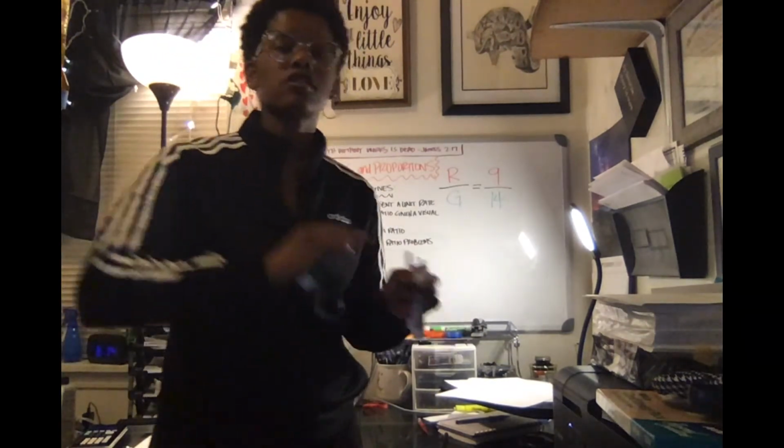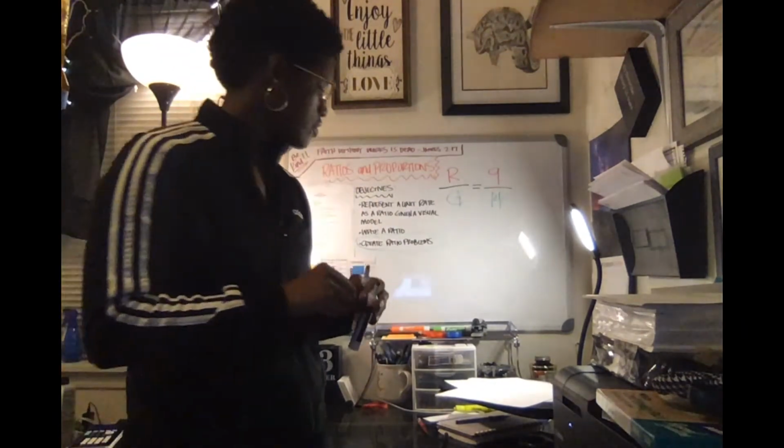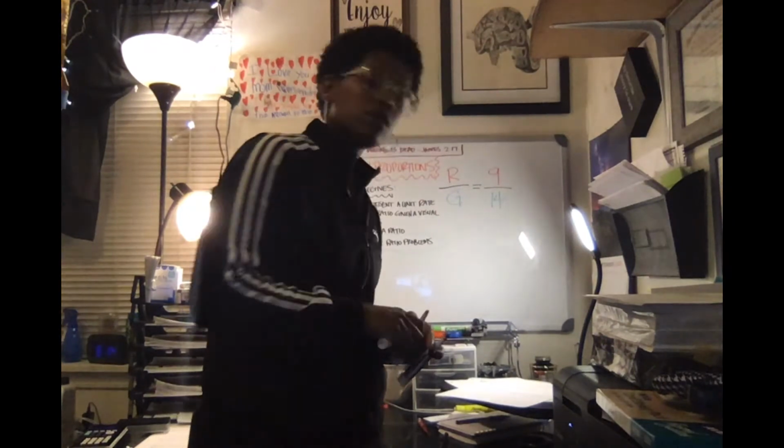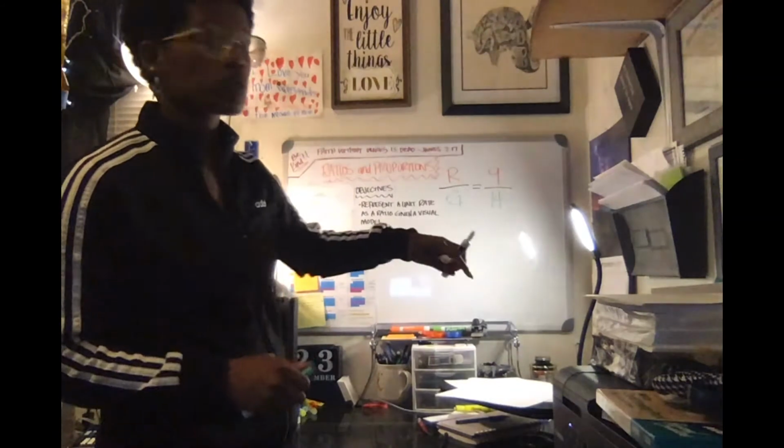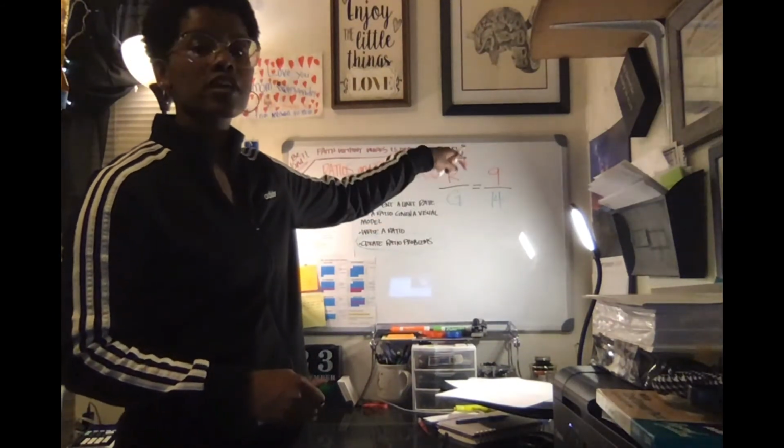That is only the number of red to green. That's not red to the total amount of colors in the package. So between red and green, what you want to do, you want to take the two numbers and add those together.